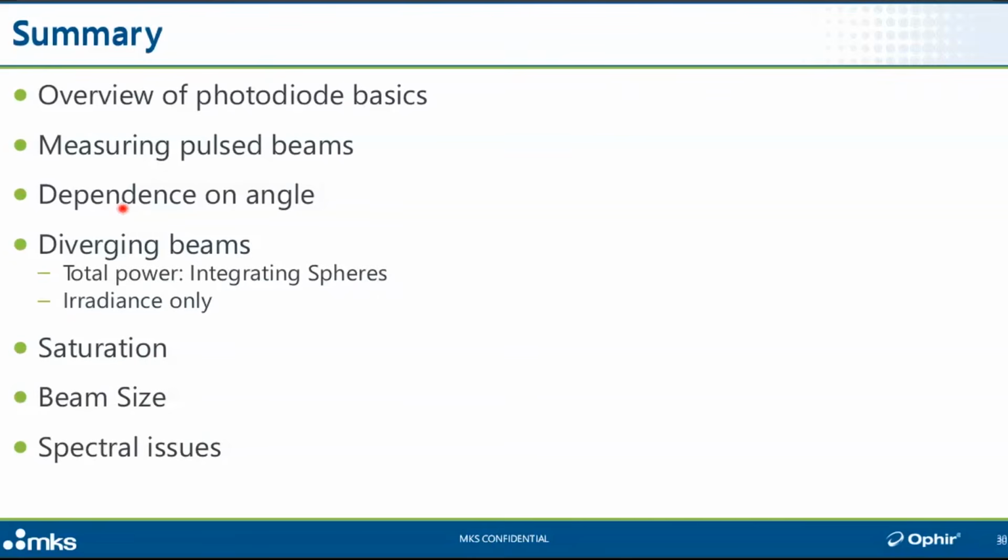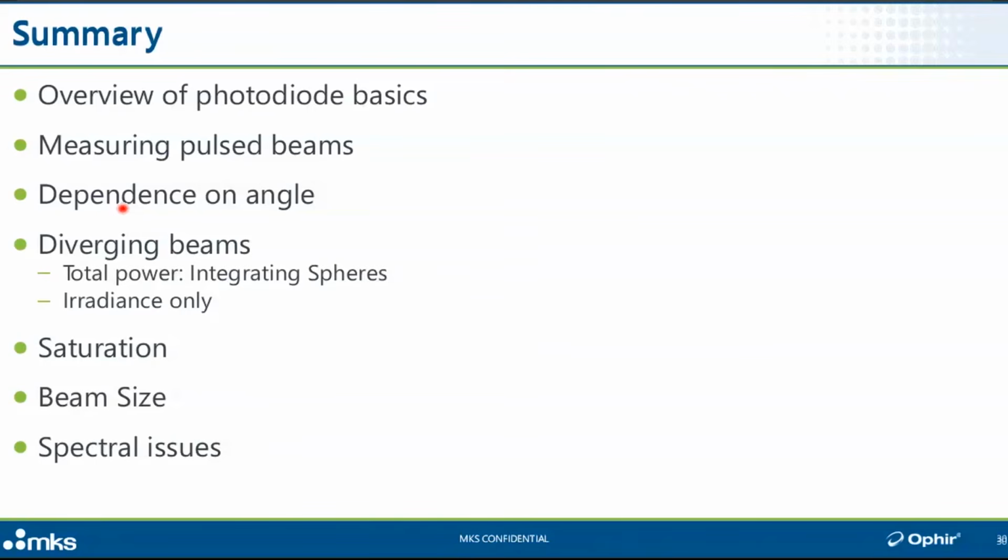Pulsed beams, and we talked about VCSELs as a good example of a challenging pulsed beam to measure. We talked about angle dependence and how we deal with that, but for example, by providing cosine corrected angle response, or an appropriate type of a sensor.